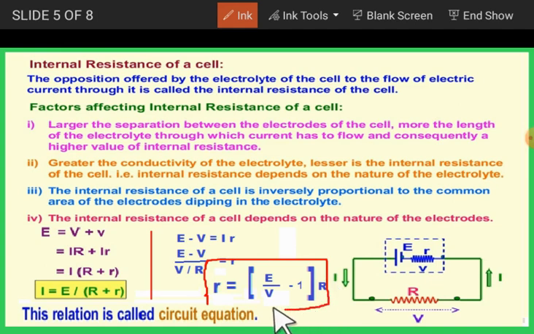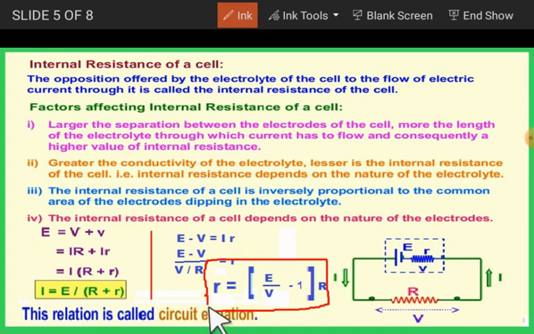This relation is very important and you need to remember it, because we will learn later about the potentiometer. This internal resistance can be measured by using a potentiometer, not a voltmeter. A voltmeter will not give you the correct reading of the internal resistance or EMF, but a potentiometer will give you the actual measurement of either the EMF of a cell or the internal resistance of a cell.